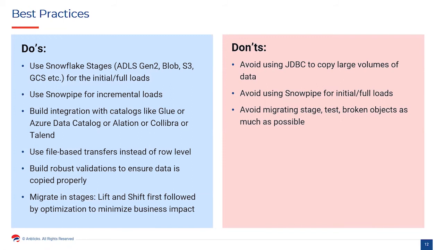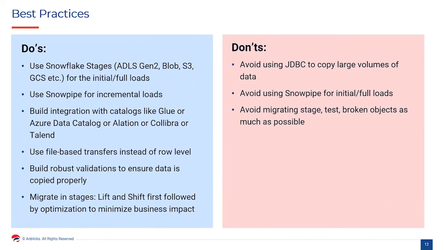When it comes to do's, use Snowflake stages for the initial and full loads. So for the people on the call that know Snowflake already, the power of stages. It's a very, very quick way to load the data into your warehouse, right? Or into the Snowflake data platform, right? And use Snowpipe for incremental loads, because Snowpipe is also a very powerful feature.